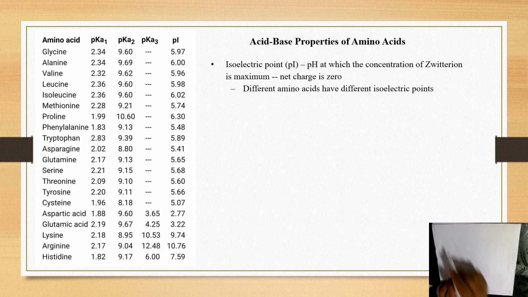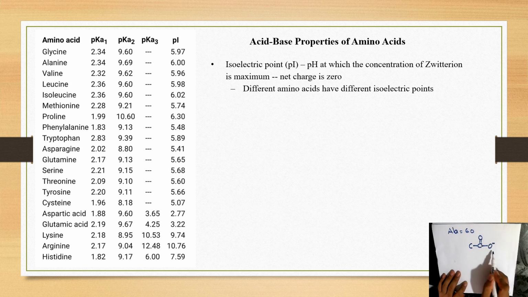So for example, alanine. If you look at the table, the isoelectric point, or the pI, of alanine is 6.0. At pH 6.0, alanine exists in its zwitterion form. So, as I said, when it's in zwitterion form, the structure of alanine would be something like this.